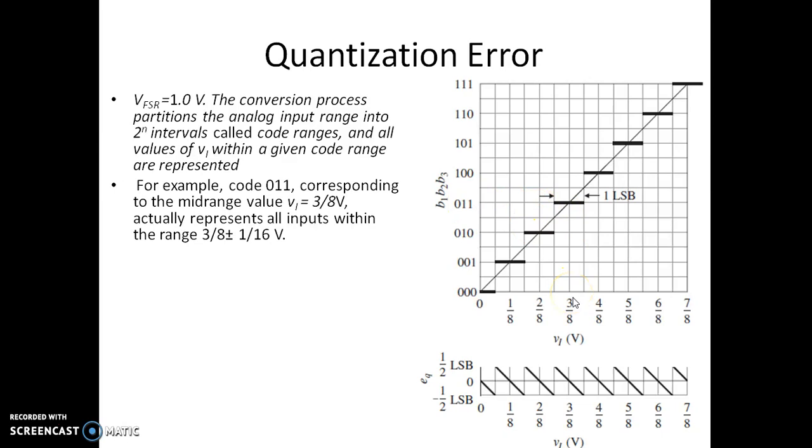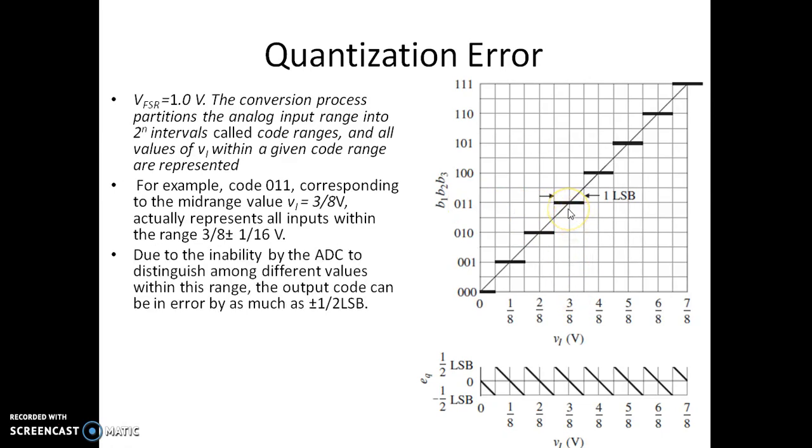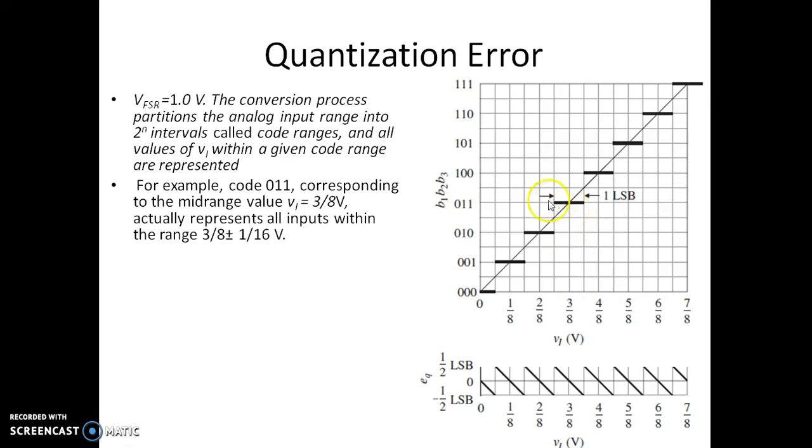Carefully observe here, when the input voltage is 3 by 8, see the corresponding output code: 011. When the input voltage is within plus or minus 1 by 16th of that 3 by 8, if the input voltage is 3 by 8 minus 1 by 16, then also the output code is 011. When the input voltage is 3 by 8 plus 1 by 16, then also the output code is 011.